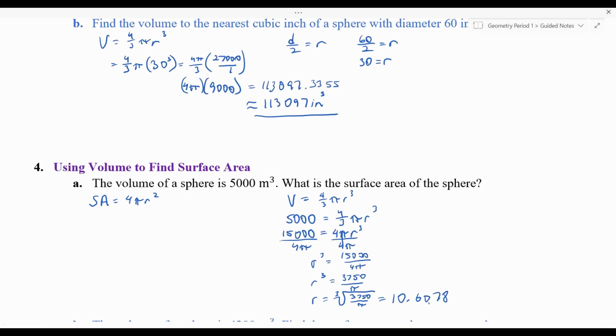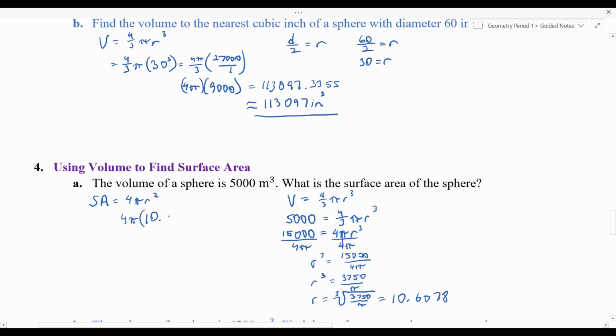Now we can go back to surface area now that I have my radius, and we can put in 4 pi, and we take our 10 point, and notice I haven't rounded all that much. I use 4 significant digits. The more I go, the more precise I will be, specifically if I'm dealing with pi.